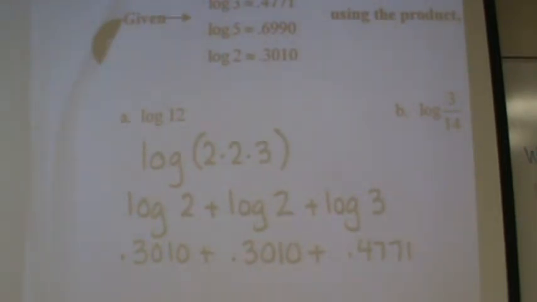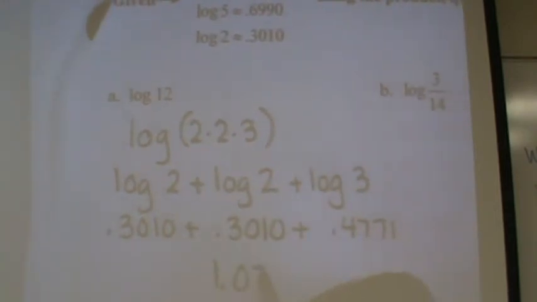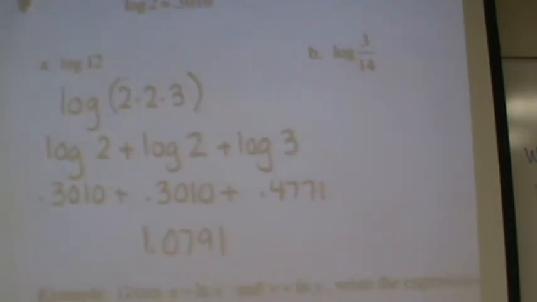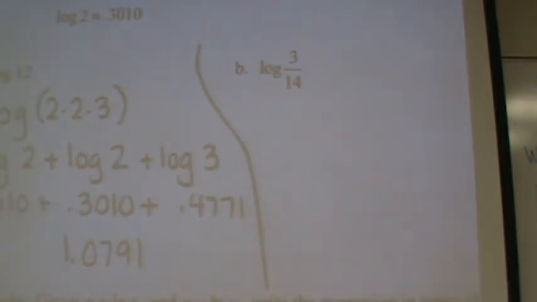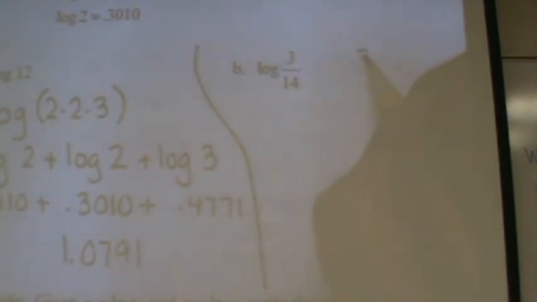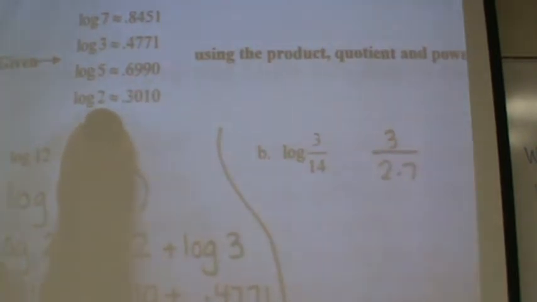Let's solve it. Yep. Good job. Okay, how would you do this one? Next one. I've got a 3 on top and a 14 on the bottom. How am I gonna get a 14 with these? 7 times 2. Like that.